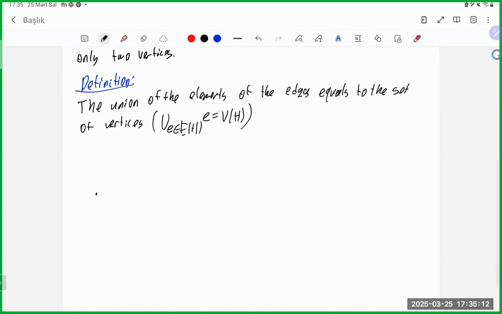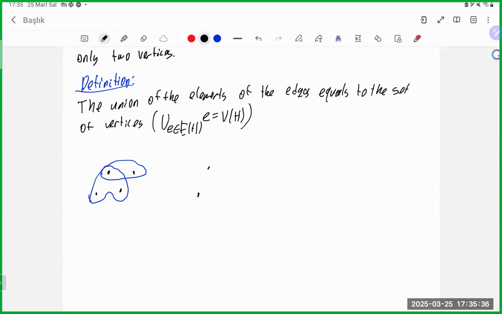So for example, this is a hypergraph. And this is also a hypergraph, but it is not a contextuality scenario because one vertex is not contained in any edge.